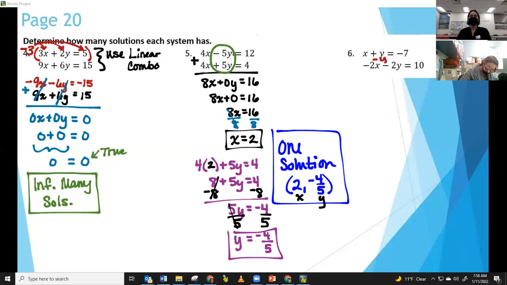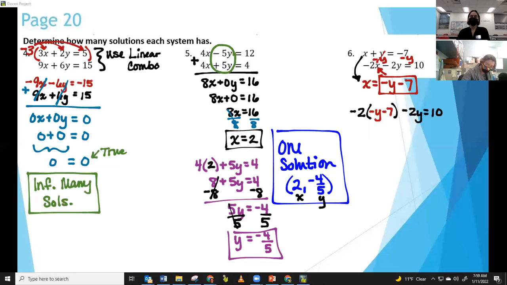So on this top equation, I'm going to subtract y from both sides. And so I would have x equals negative y minus 7. I'm going to take all of this right here and put it in the place of this x. Negative 2, and then I'm going to substitute in negative y minus 7. Minus 2y equals 10.